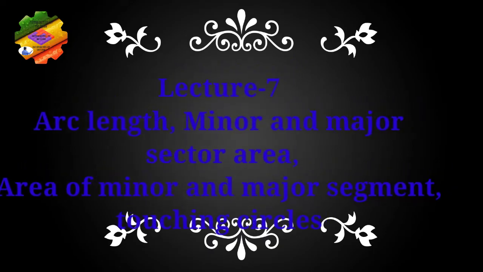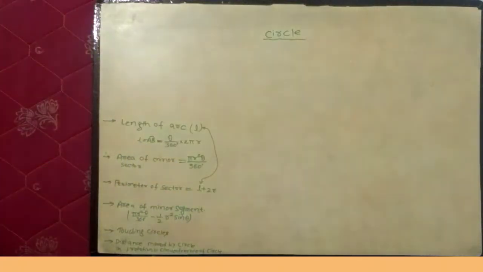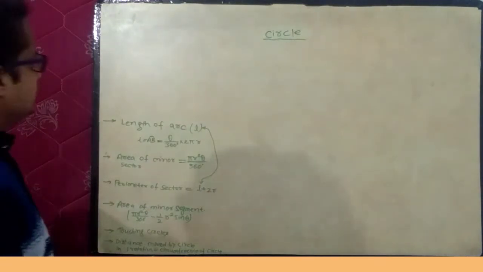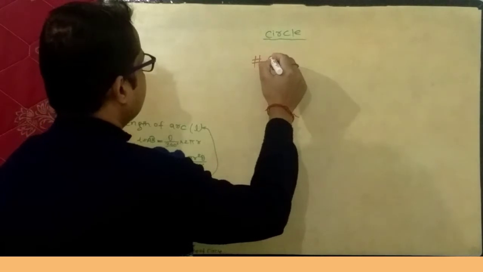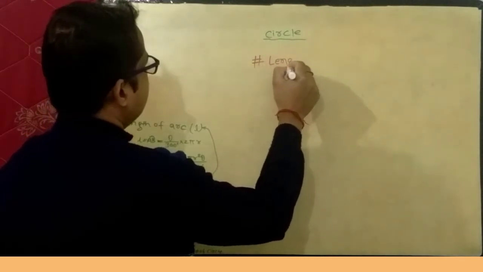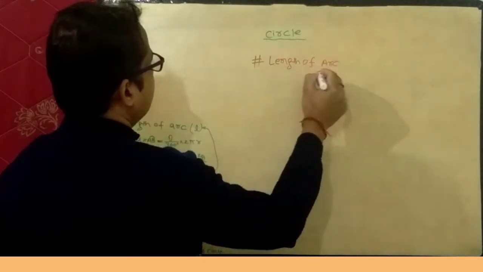In this lecture I am going to discuss the remaining parts of the circle. First one is length of arc.